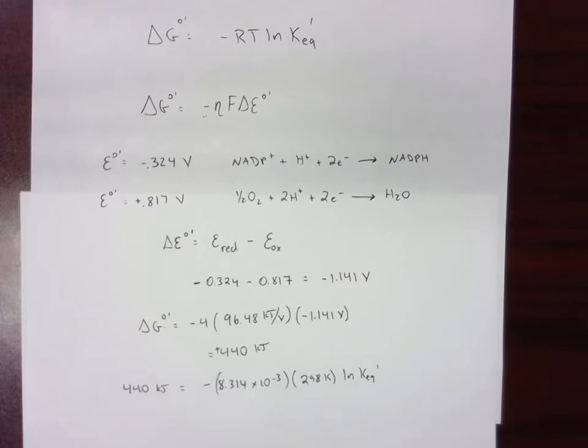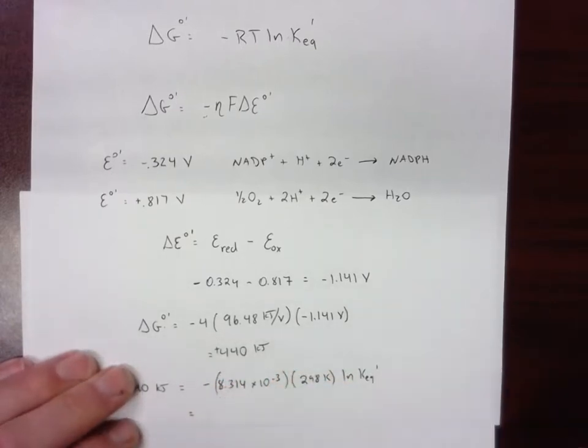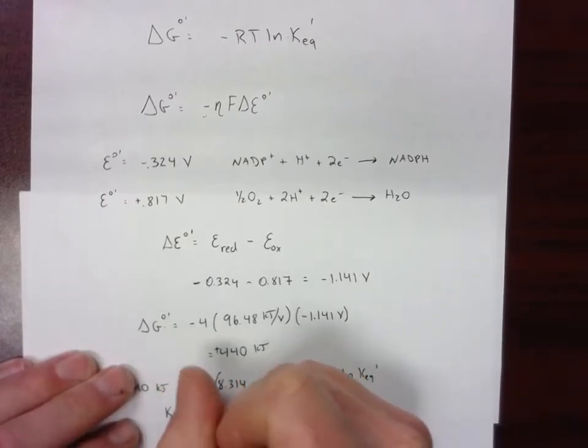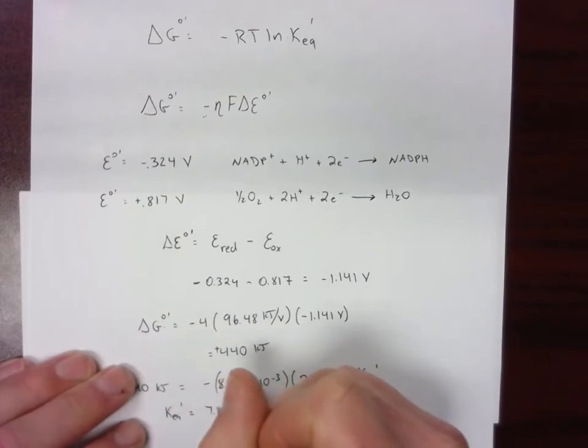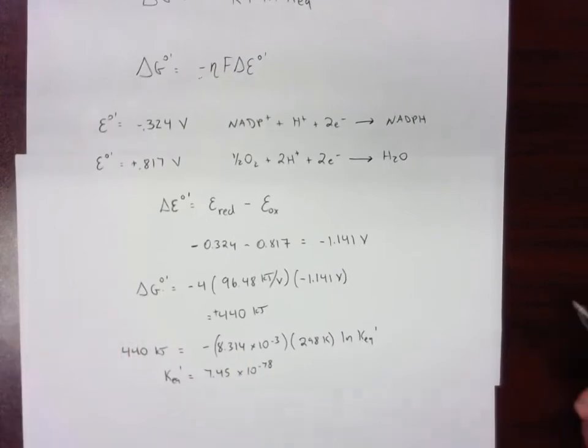So that's 440 divided by negative 8.314, and then divide by 298. That gives me negative 177. I'm not going to write that down though, and then I take the e to the negative 177, and I get 7.45. So KEQ comes out to be 7.45 times 10 to the negative 78.